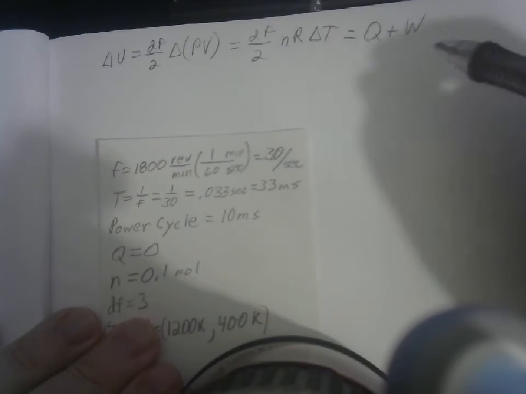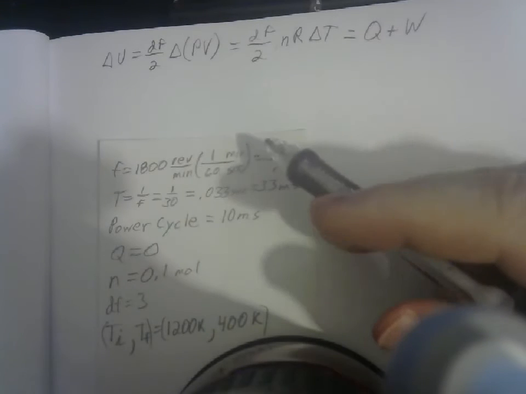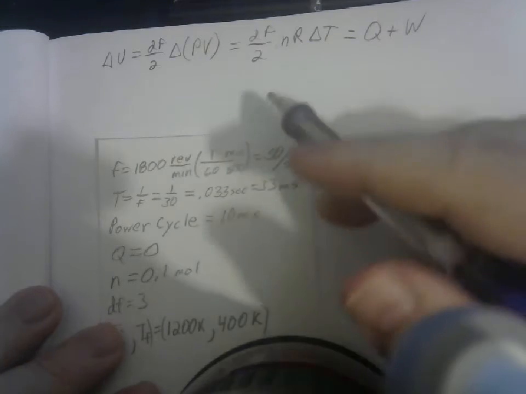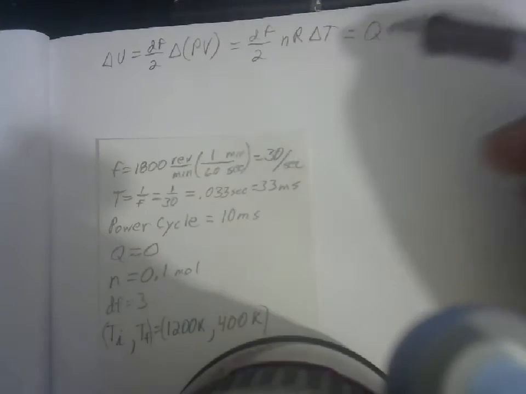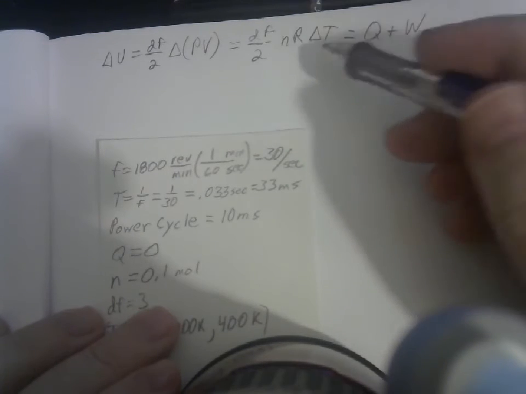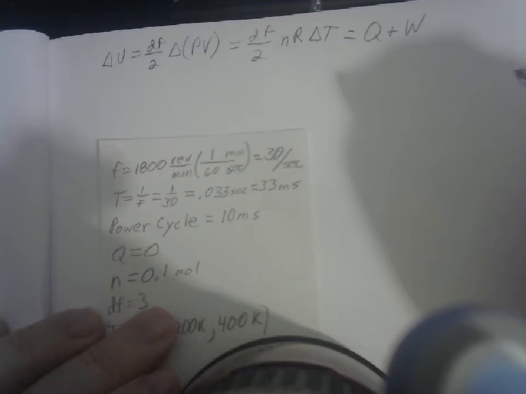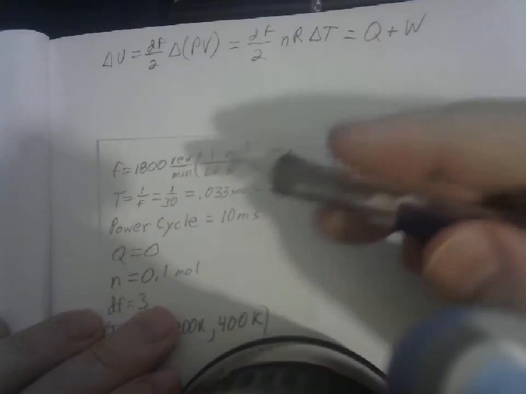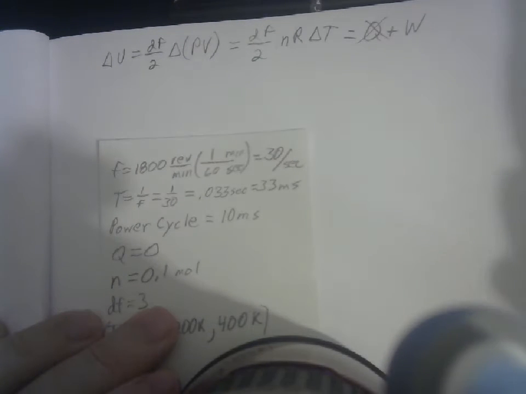So here is my master equation, the one that's going to always be true, essentially. It's always true in the examples in this chapter anyway, because our n, R, and degrees of freedom are going to be constant. So we can make the simplification here that Q is equal to 0.